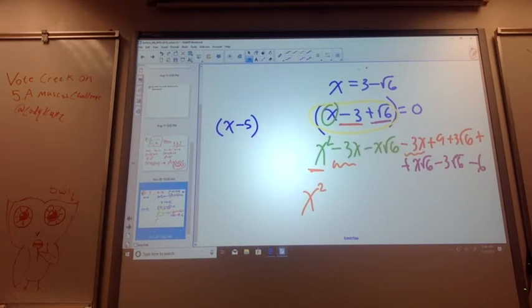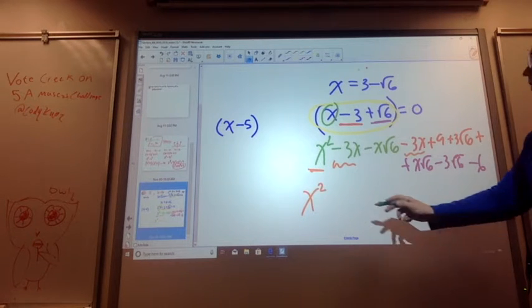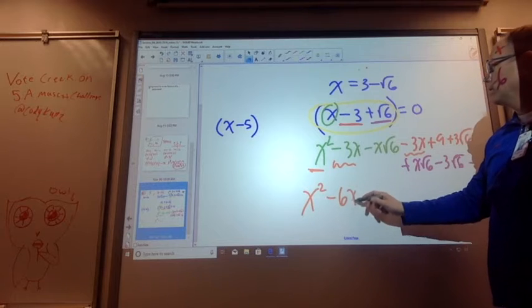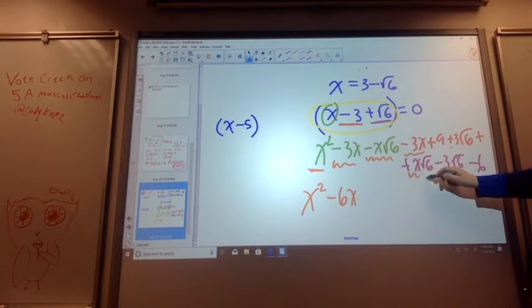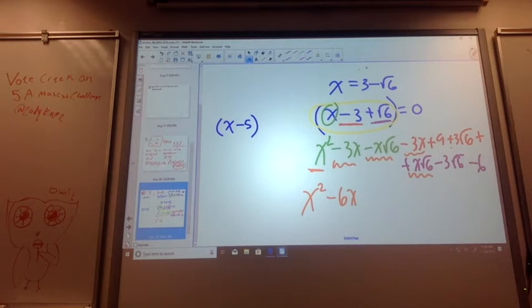Is that right? Any other x's up there? So that's minus 6x. And x root 6, negative root 6, what happens to those? They're gone.